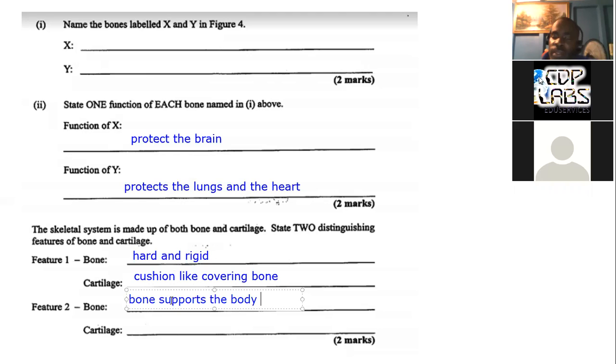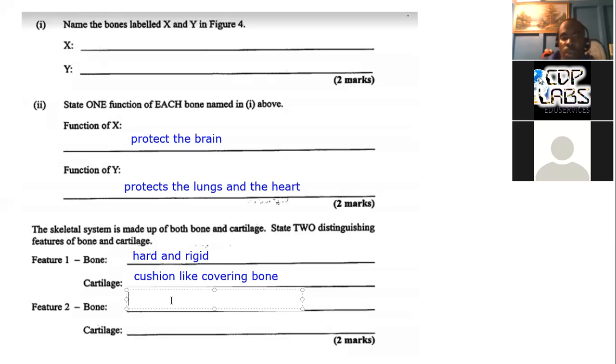Give me something different. The bone allows movement. The bone does not allow movement. It's the joints and the muscle that allow movement. I'm not saying that you were wrong, you know. But in terms of the first one that you gave, I want something else.